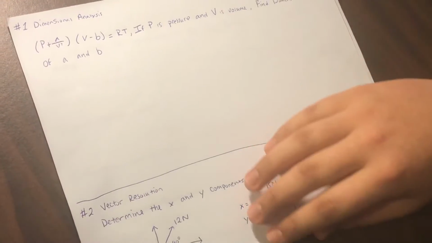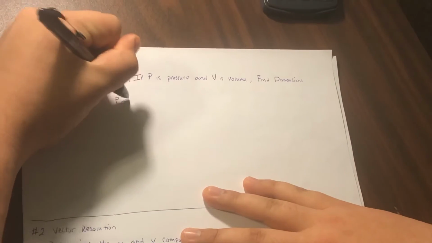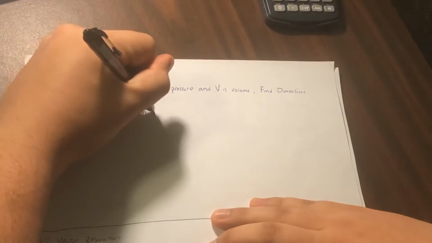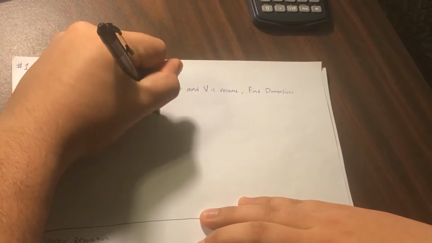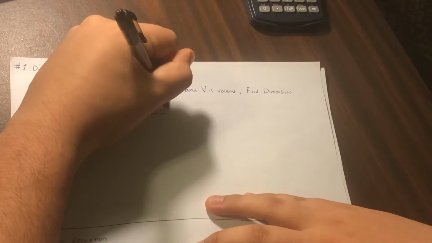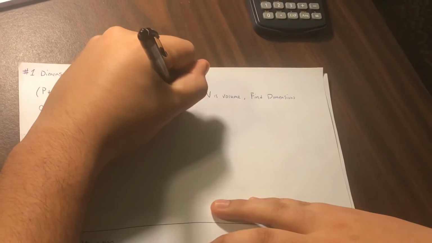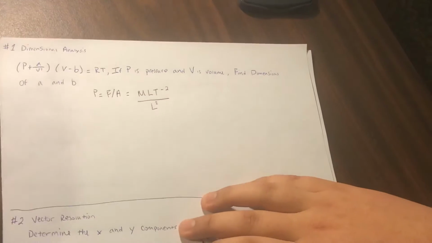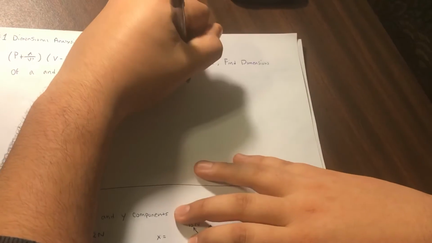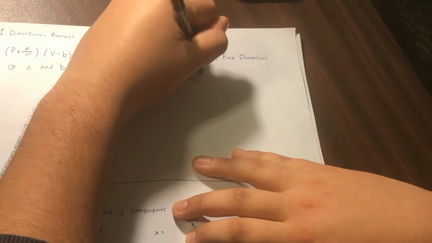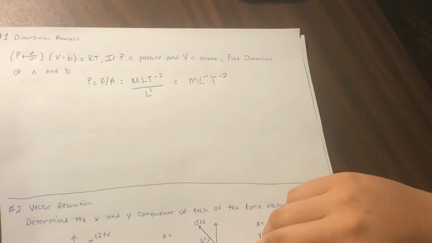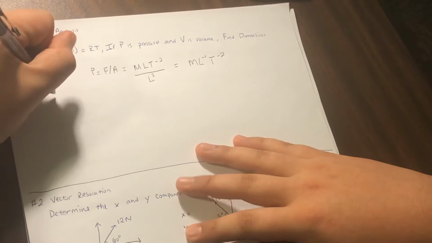The way I figured it out is first I found that P equals force divided by area, which in dimensional analysis equals mass times length times time to the -2 divided by length squared, which also equals mass times length to the -1 times time to the -2.